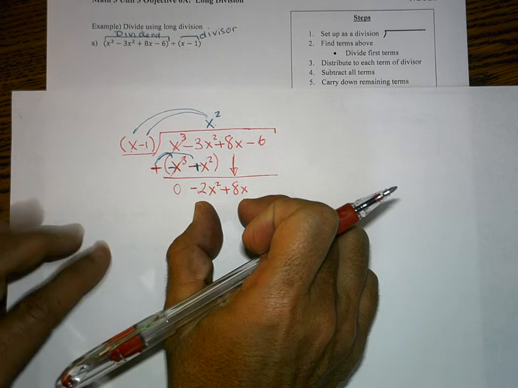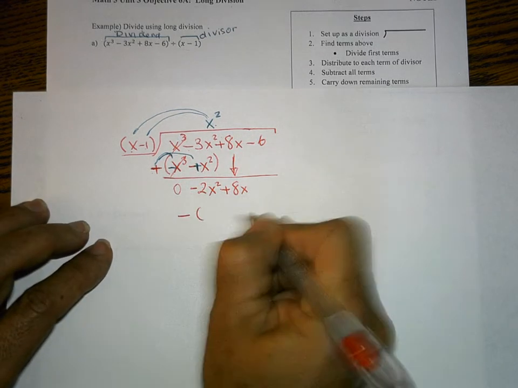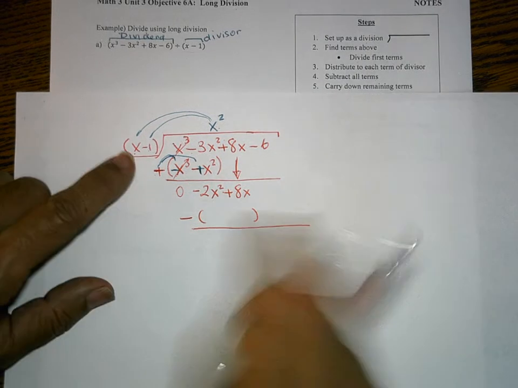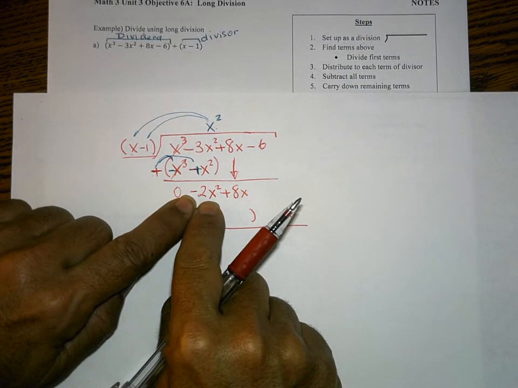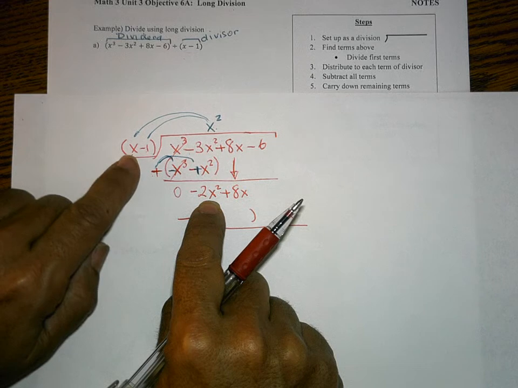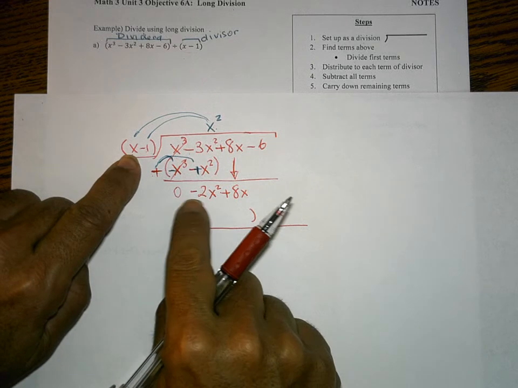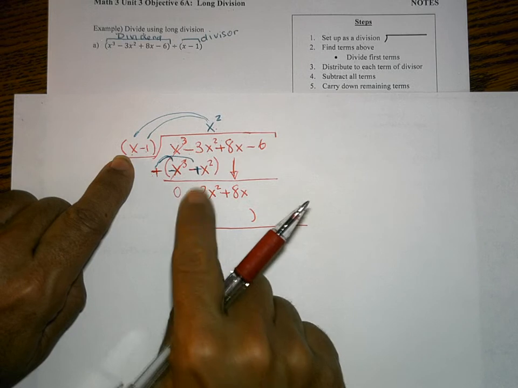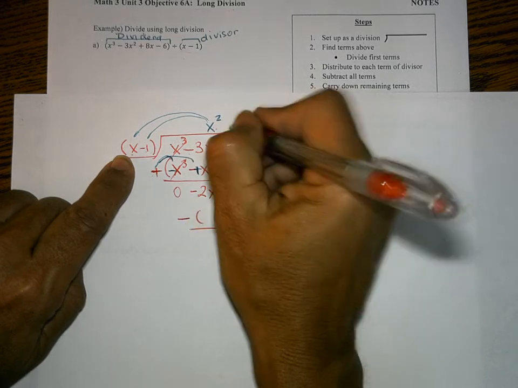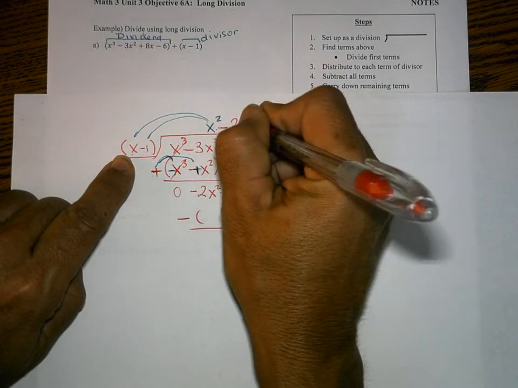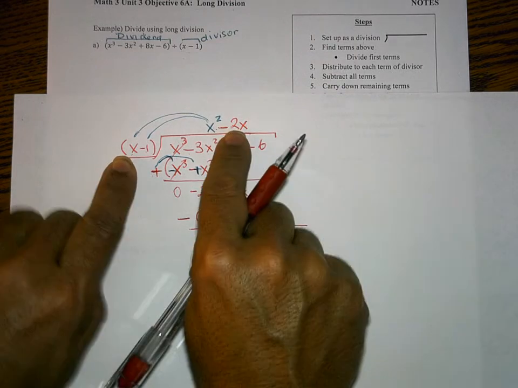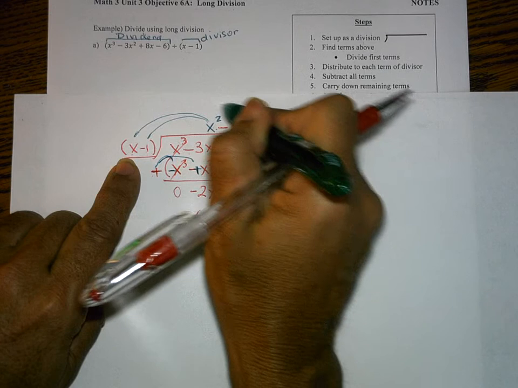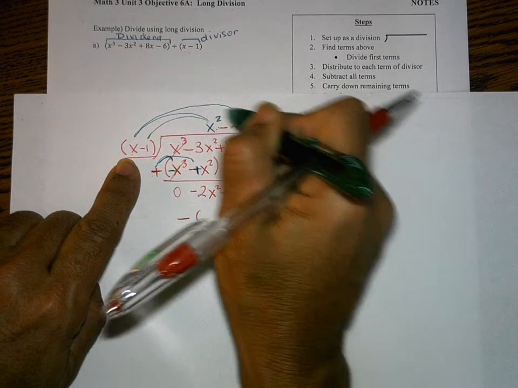Okay. So let's set up our subtraction box right here. Don't forget, the subtraction box is important. Okay, now let's just focus on this first term. What do I multiply times an x to get a negative 2x squared? That's all I focus on. What times an x is going to give me negative 2x squared? How about a negative 2x? Remember, I'm multiplying negative 2x times the x squared and times the negative 1.